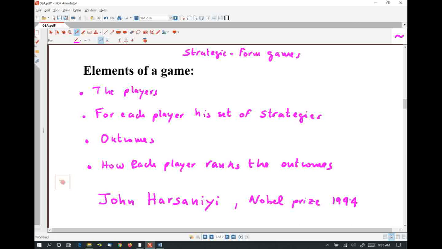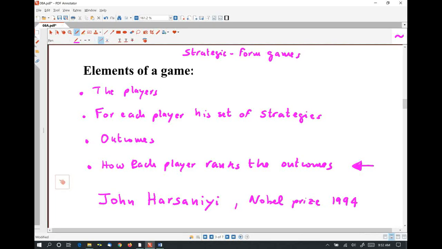So any situation like one of the ones I've described is a situation of incomplete information. Now Harsanyi argued that we could in principle reduce everything to uncertainty about the last element, how people rank the outcomes. I'm not going to go into the details of this, but he developed this theory by looking at the case where there is no uncertainty in the mind of anybody about who the players are, what each player can do, and what the possible outcomes are.